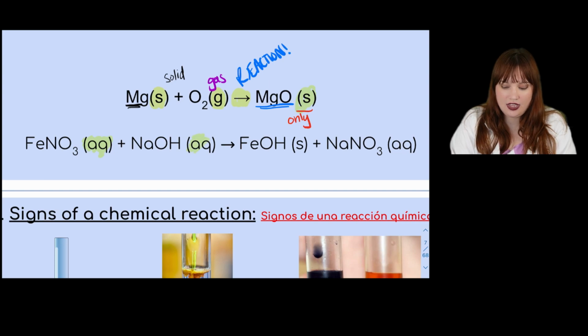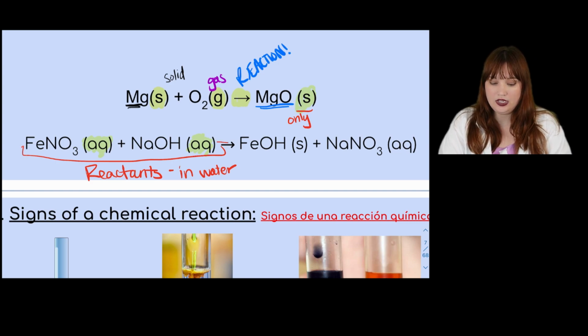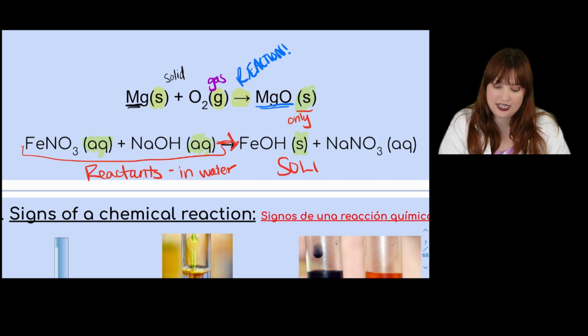In this one, I have everything aqueous in the reactants. So my reactants are all in water, dissolved in water. My reaction happens, I have this arrow, I should see some kind of sign that a reaction has occurred, and one of those signs can be, look, one of the products is a solid, so I should see a solid form.